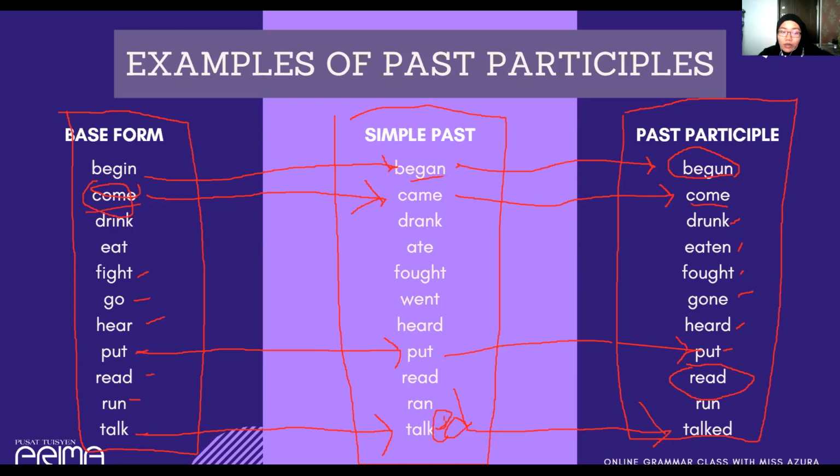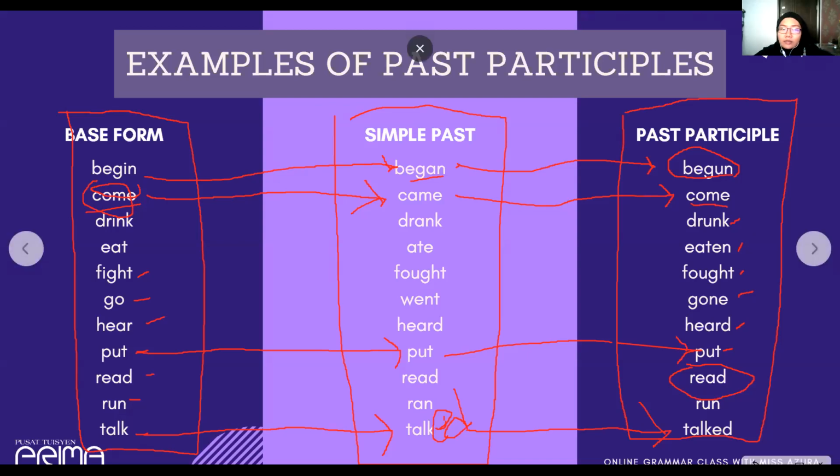Number three is when all the three verb forms are the same. Put, put, put. And last but not least, it is when the past participle shares the same word with the simple past. Talk, talked, talked. Okay? So that is basically some examples of past participles.